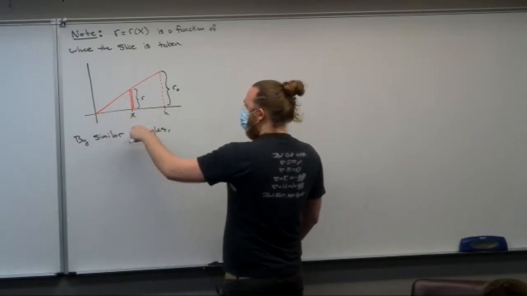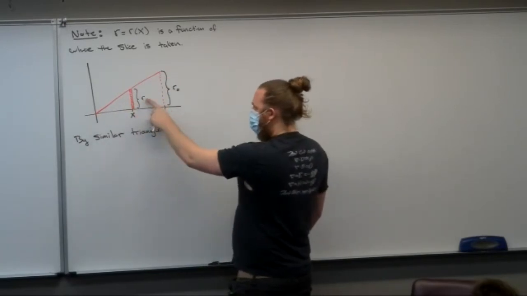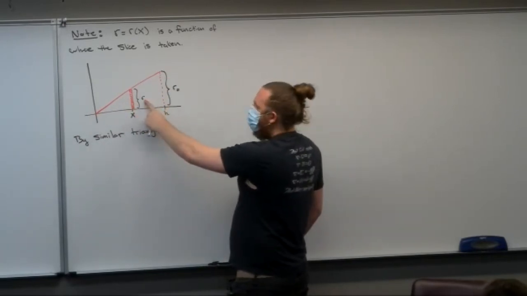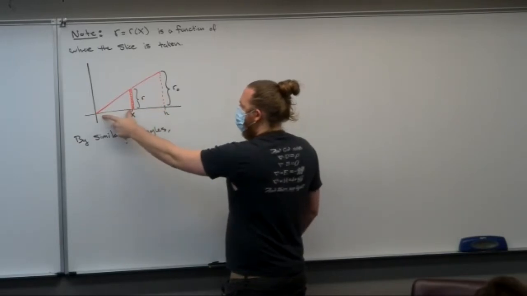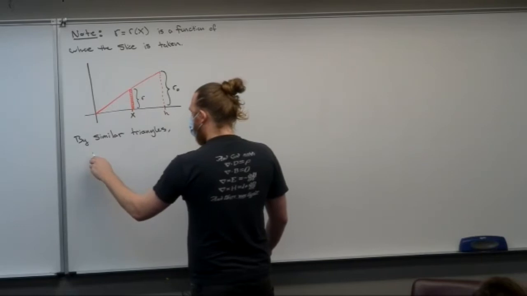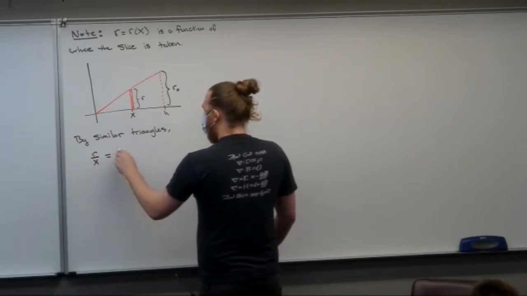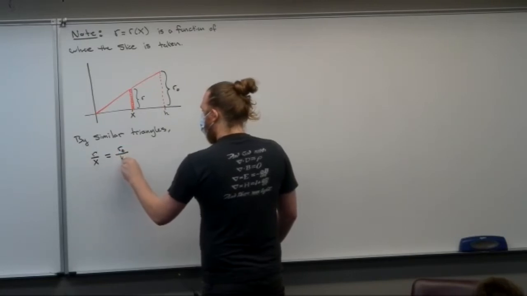So what are the side lengths of the big triangle? Well, I don't know this hypotenuse, but I don't care. I'm only after this radius. So what I can do is compare this radius over this line to this radius over this line. I know that little r over x is equal to R0 over H.